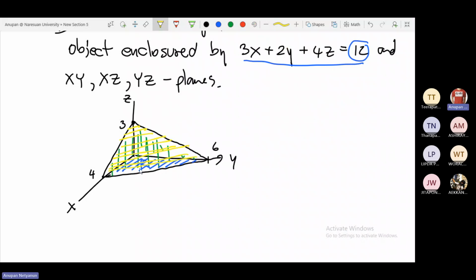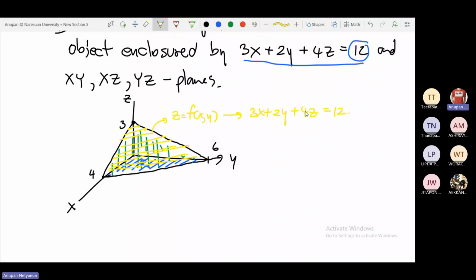And it's going to be on top of your region, okay? So it is going to be your z, your function, which is actually this plane. Then from this equation, I better solve for z so that it is in this form, okay?